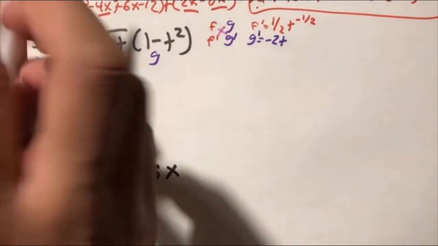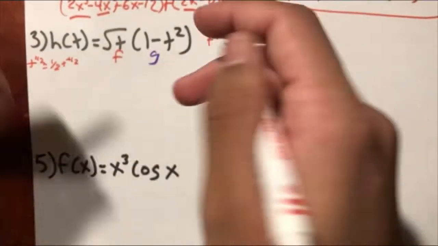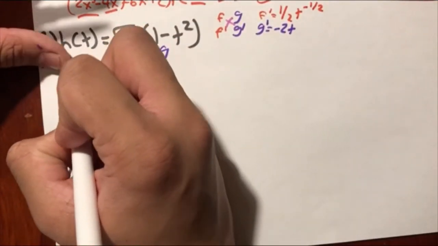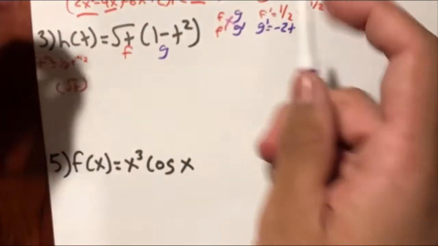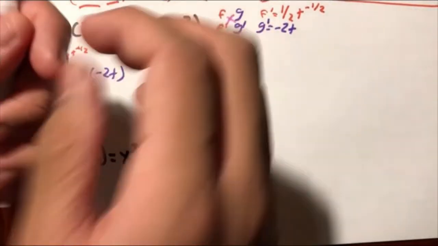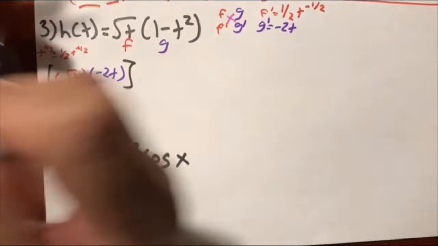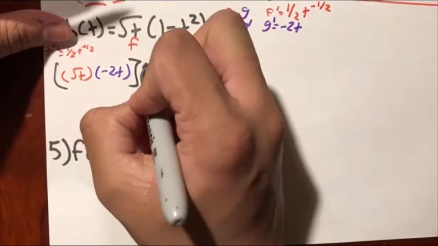I'll multiply that and add it. So I have my original function f, which is the square root of t, and I have my derivative g, I found to be negative 2t. Quantize that. Add together those quantities.